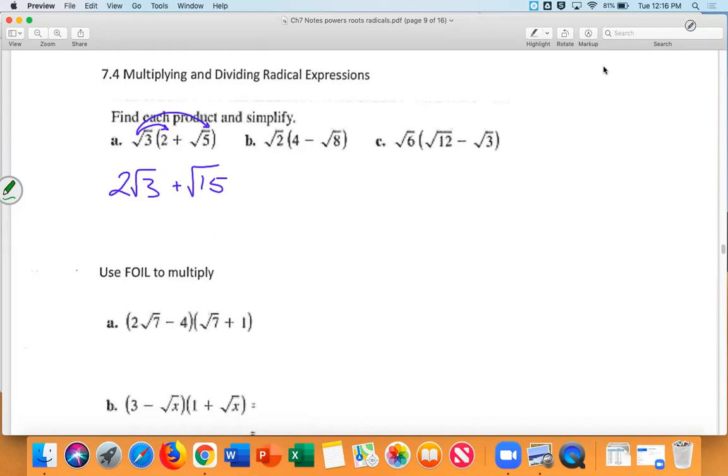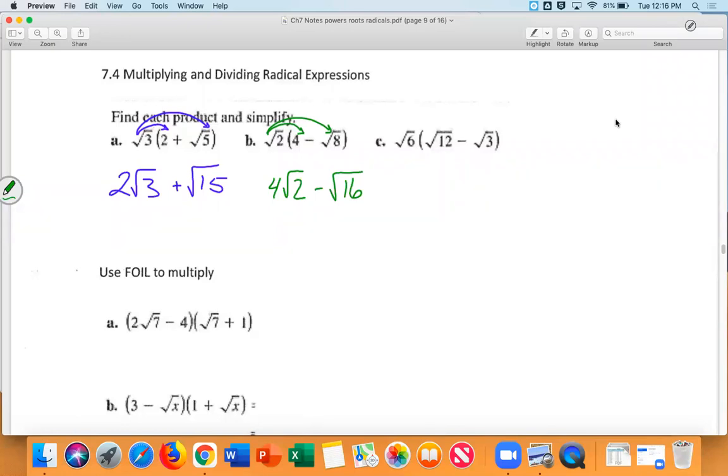With B, I'm going to do root 2 times the 4. That's 4 root 2. And the root 2 times the root 8. So that's going to be minus root 16. All right. Does everybody see where I got that from?